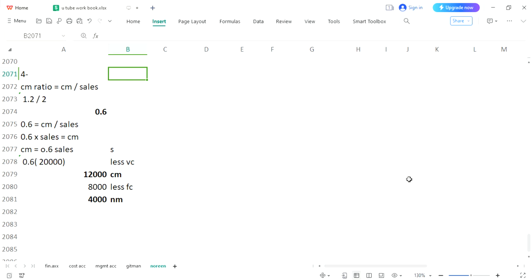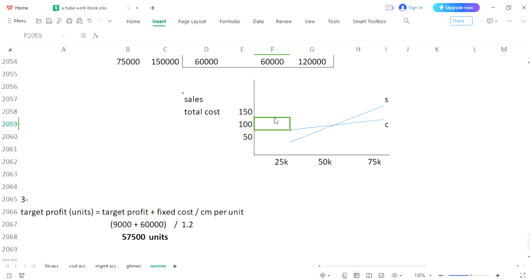I would like to explain in a different way how this 12,000 has arrived. We wanted to see if you will change your sales by 20,000, what change comes in your contribution margin. So it's basically a relationship between two things, one of which is sales and the other is contribution margin. Let's go back to the question.